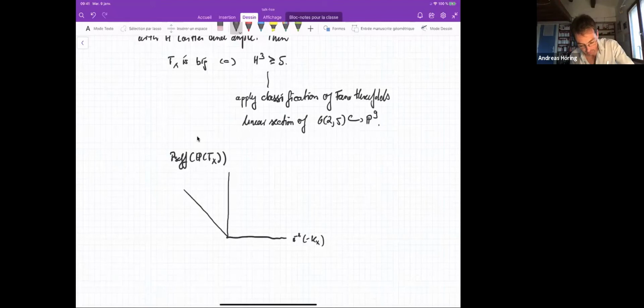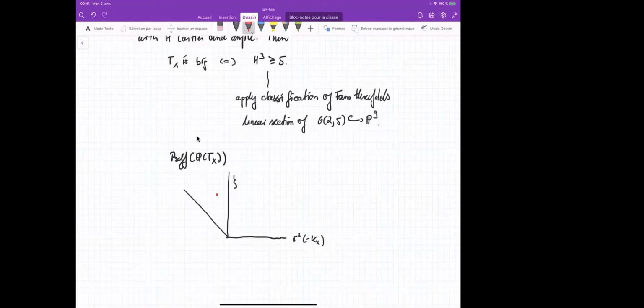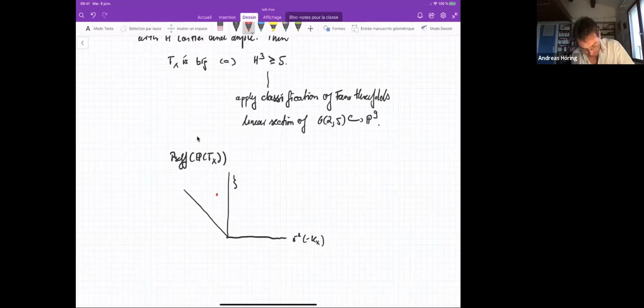Now if I go here, then I'm still big, and as you said correctly, this means that you have a lot of sections. But the crucial point is that the divisors which you will get here are never going to be irreducible.